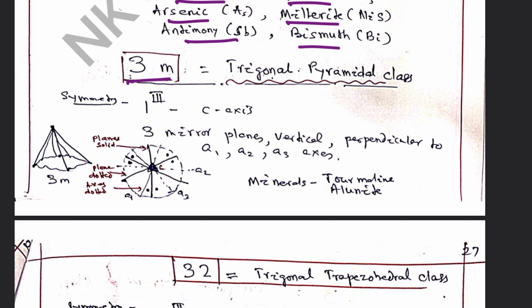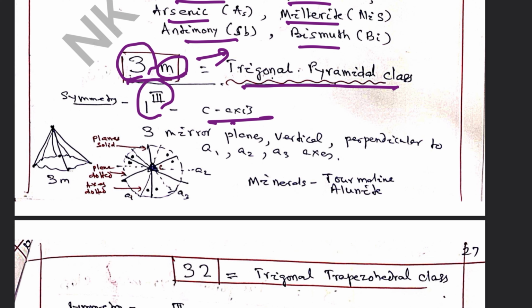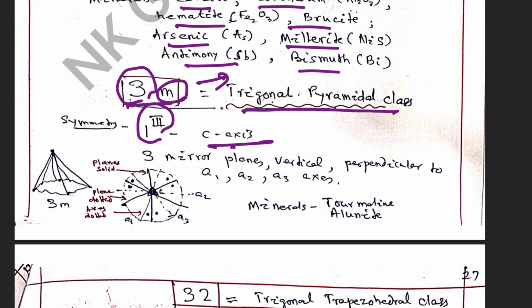Now let us discuss 3M. It is trigonal pyramidal class. So this is 1 axis of threefold, C axis, and these are the 3 mirror planes along the axis. These are the 3 axes, vertical, and these are perpendicular to the A1, A2, A3 axis.